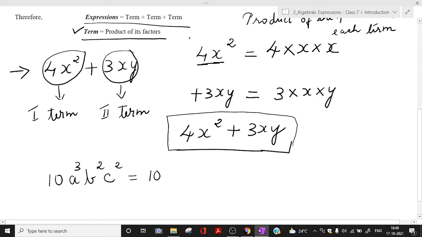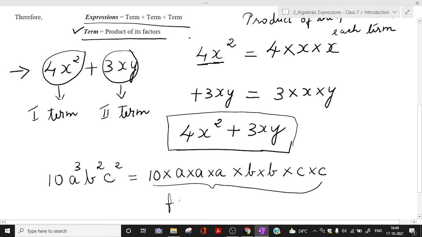So what are its factors? 10 into a cubed, which is a into a into a, into b into b because we have b squared, and then we have c into c. All these are factors of the term 10a cubed b squared c squared.